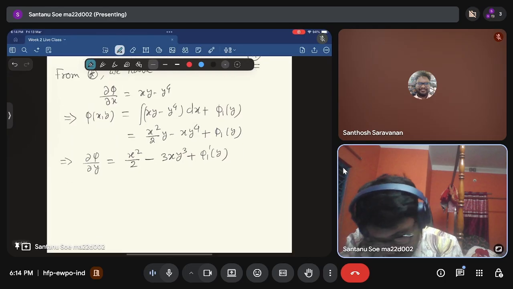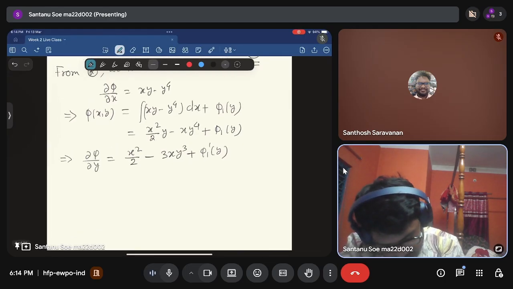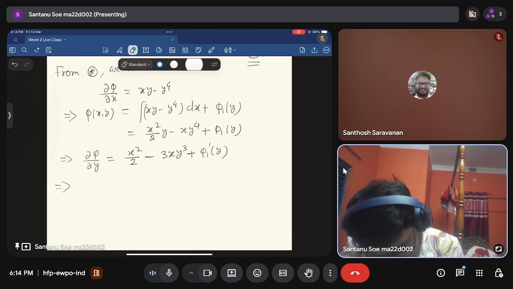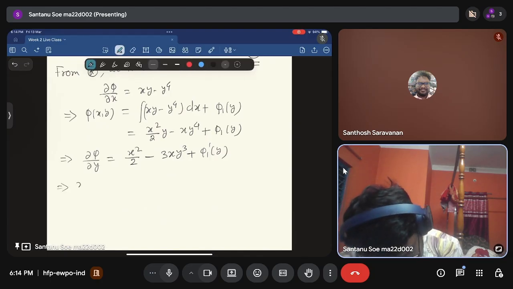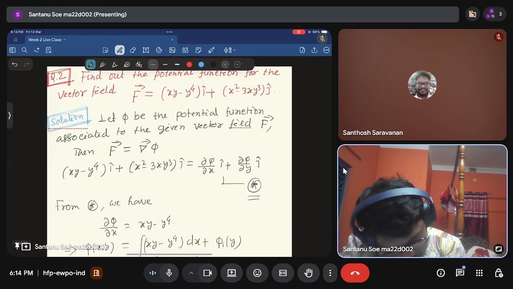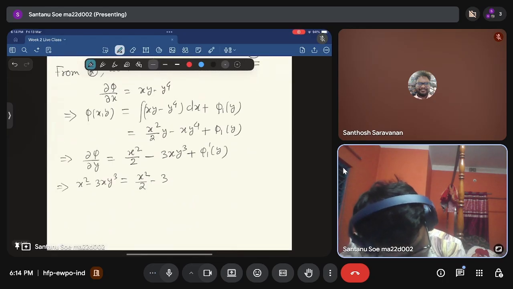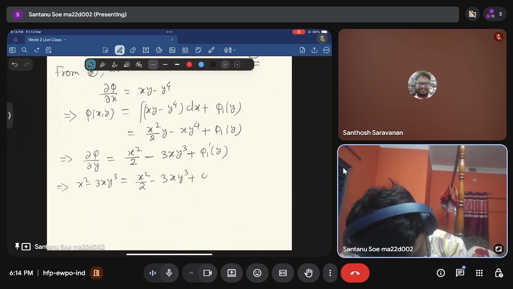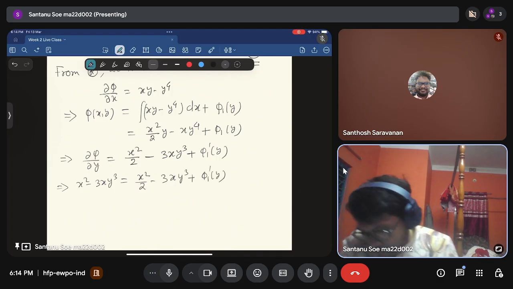So we're going to compare it with this. So x square minus 3xy cube equals x square by 2 minus 3xy cube plus phi 1 prime of y.